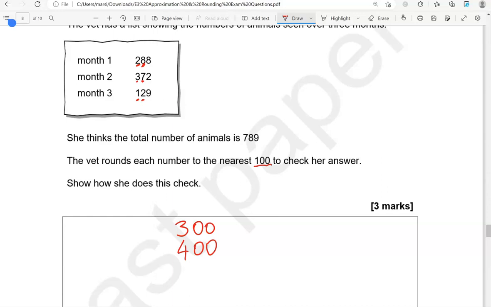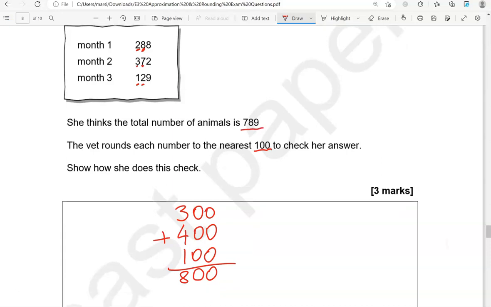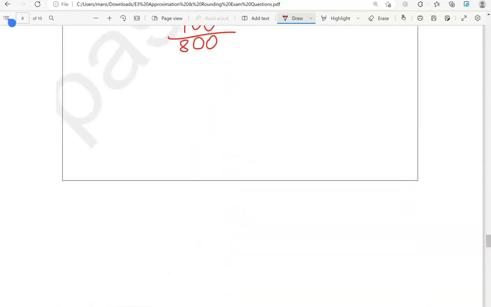That's why we're going to round down to 100. Adding these together, we get 800, which you can also check using a calculator. And that number is very close to 789. So that shows that the vet has done the calculation correctly.